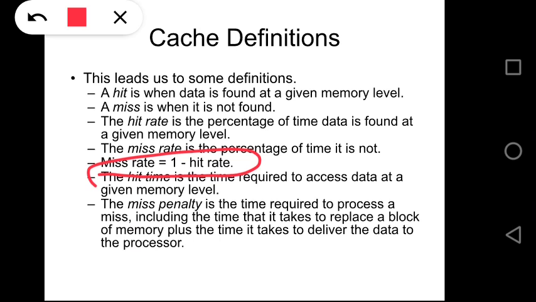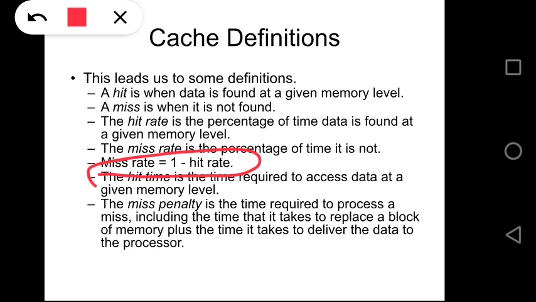The miss penalty is the time required to process a miss, including the time it takes to replace a block of memory plus the time it takes to deliver the data to the processor. So the crucial thing is the cache miss.